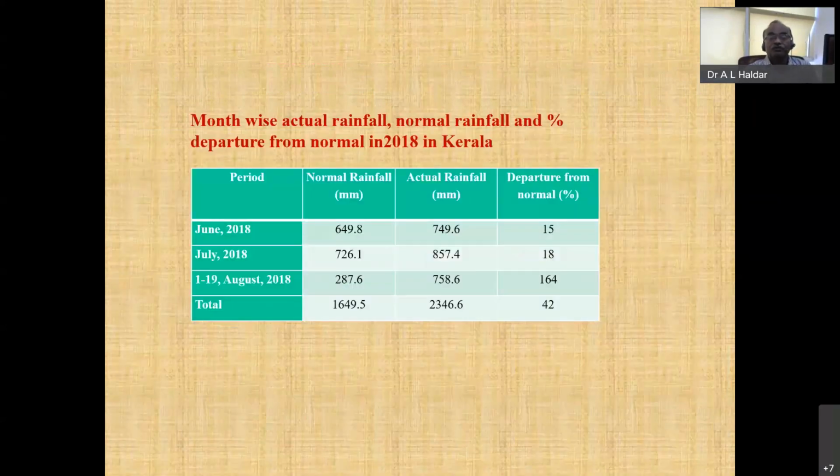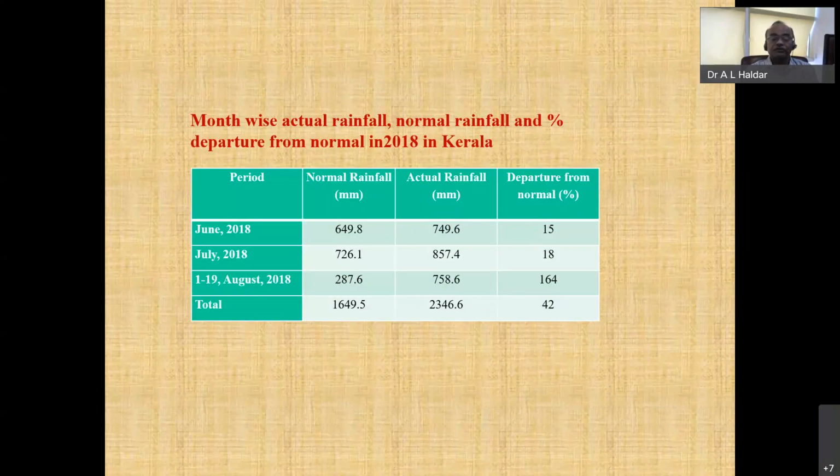During June in Kerala, the rainfall was 649 millimeters, whereas the average rainfall was supposed to be 749 millimeters. In July it was 726, between the 1st and 19th.